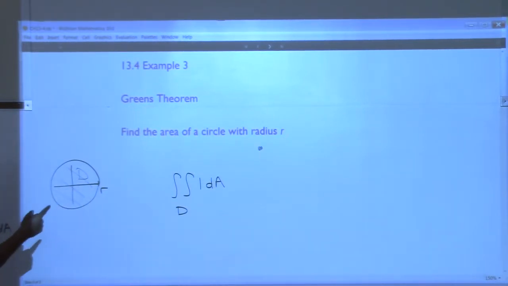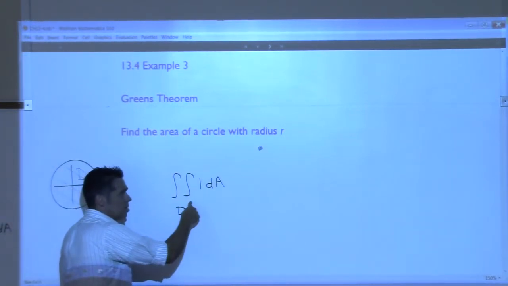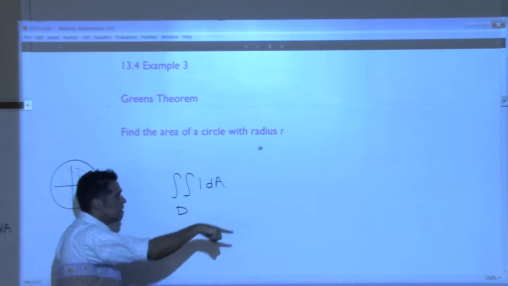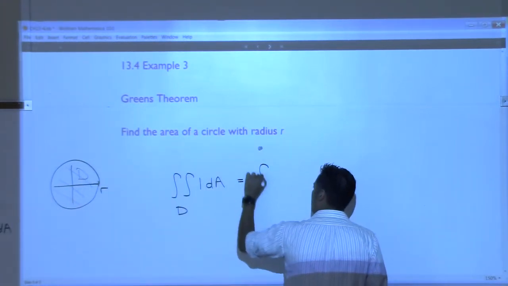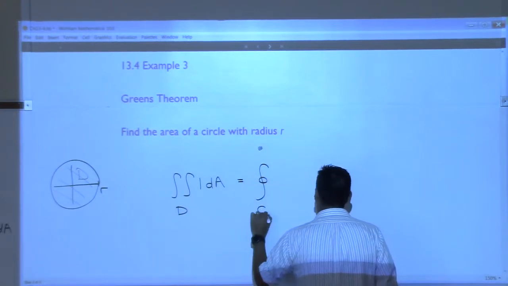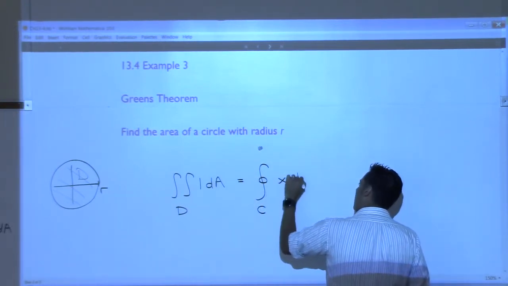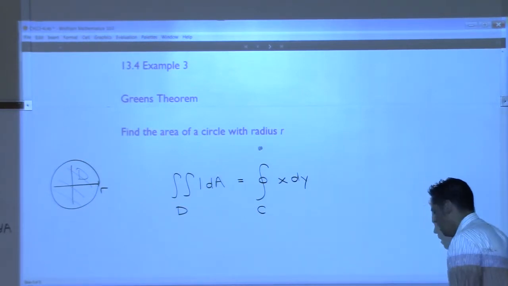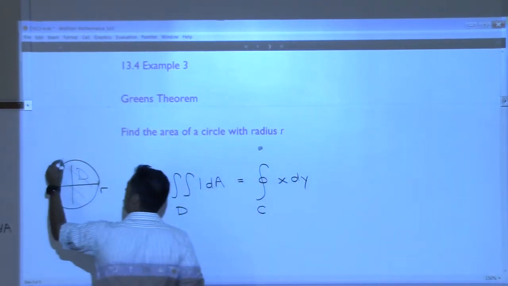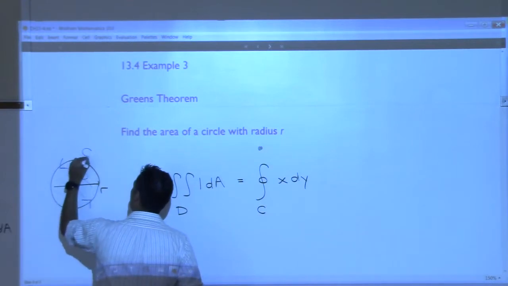But according to what we just said, we can always transform this double integral into one of those. So let's go with the first one. This should become the line integral over the closed curve C of x dy. But now we're talking about C, and C is the curve that encloses D, right?